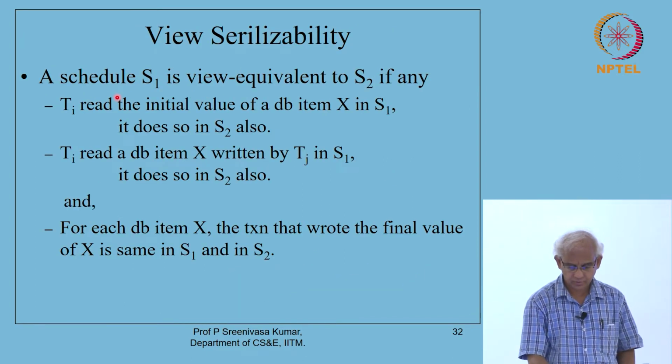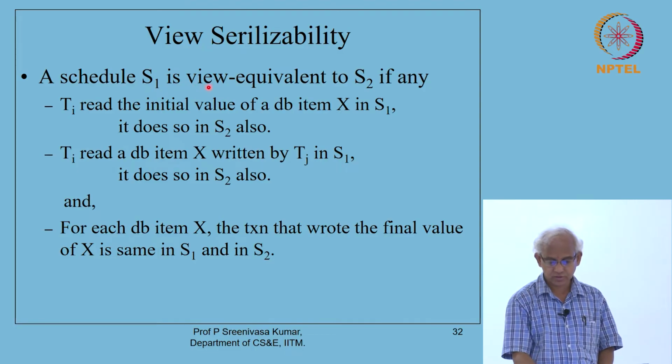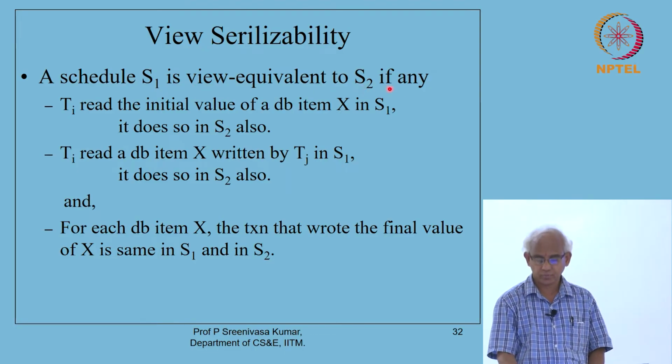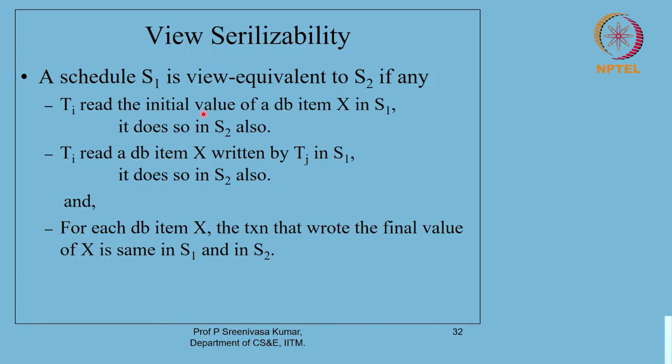In a way similar to conflict equivalence, we will now define view equivalence. Schedule S1 is view equivalent to S2 if these conditions are satisfied. If any transaction Ti reads the initial value of the DB item X in S1, then it also does so in the other schedule S2.